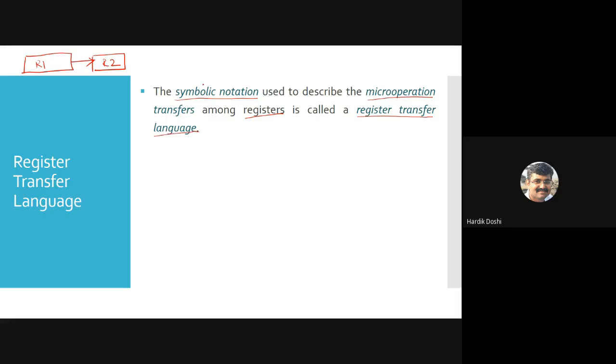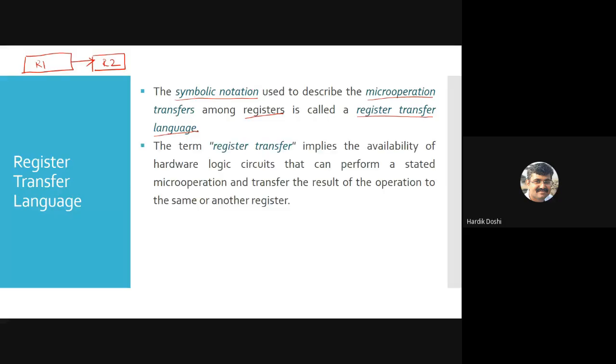So now the question is, we need to learn the symbolic notations. Again, the term register transfer implies the availability of hardware logic circuits that can perform a stated micro operation and transfer the result of the operation to the same or another register. See, the textbook is saying what we already discussed previously.